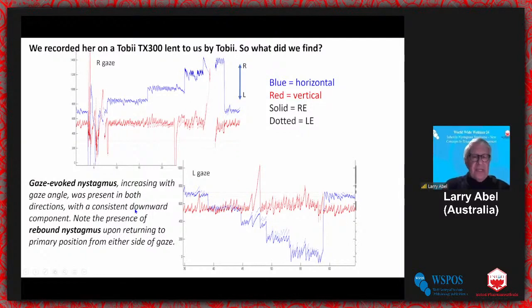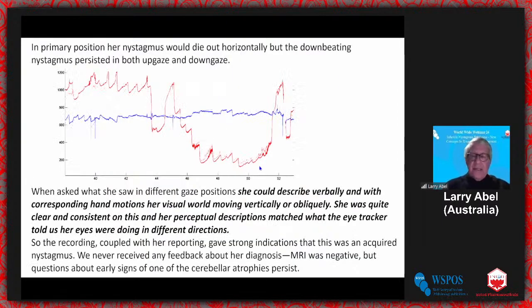None of this looks like infantile nystagmus. And in up gaze and down gaze, the downbeat persisted even when her horizontal nystagmus essentially died out in primary position. And she had oscillopsia. And verbally and by moving her hands, she was a very bright little girl, she could match her hand movements and description to the movements of her eyes.